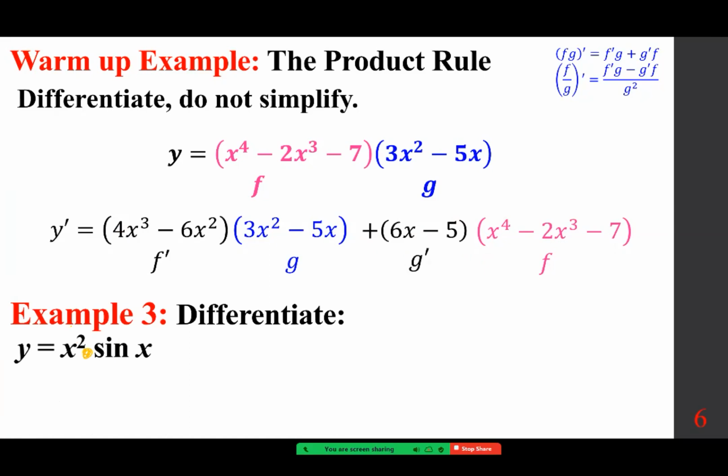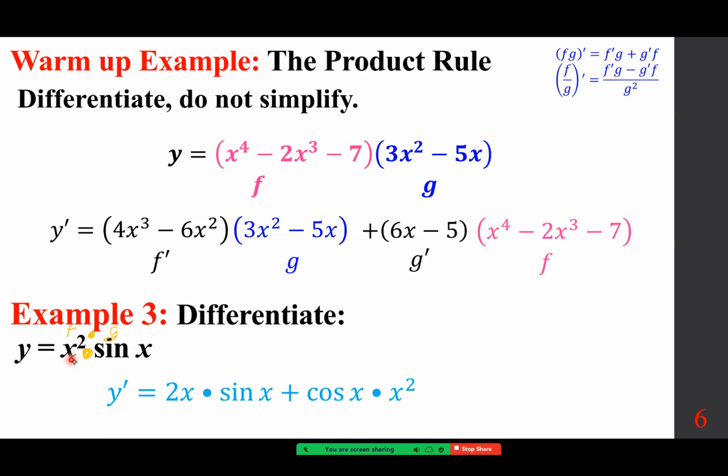So if you call this the f function, this is the g function, then according to the formula, I need f prime, which is 2x times just g, sine x, plus I need g prime, the derivative of sine, which is cosine x times x squared.